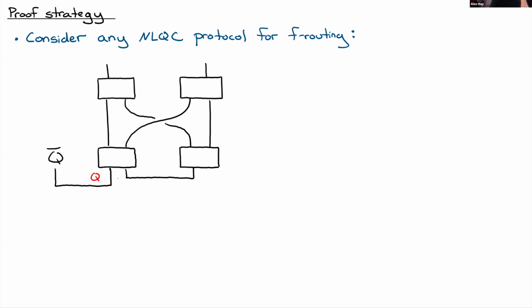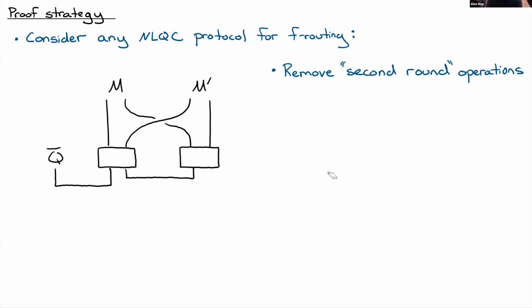Okay, so that's what I've indicated with this line here. The first step we're going to make is to simplify or only look at a portion of this protocol, which will keep things easier for us. And in particular, we're going to ignore the second round operations.